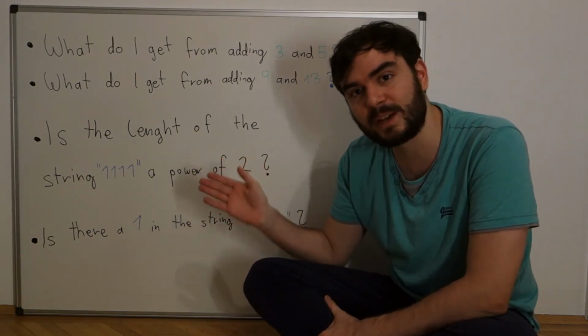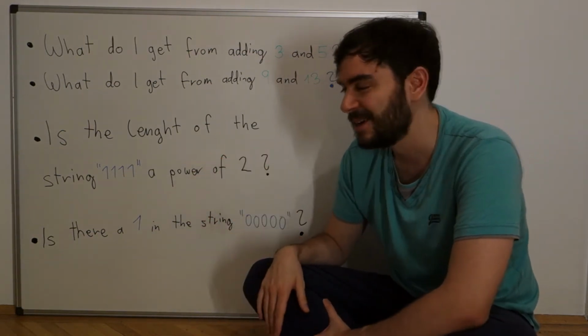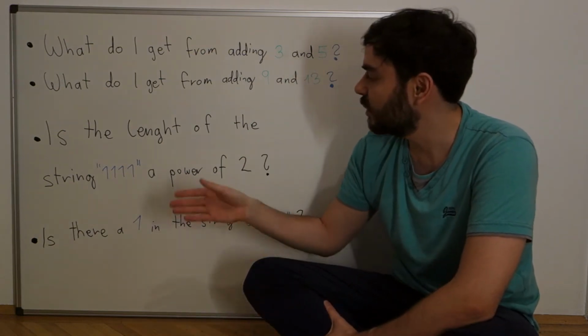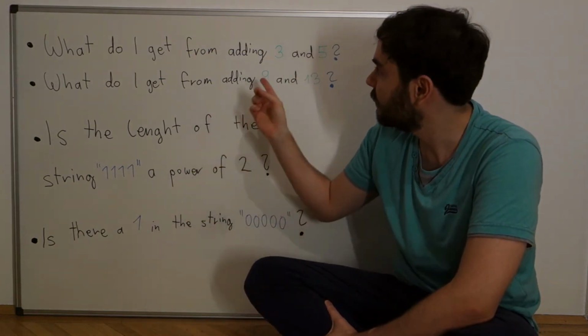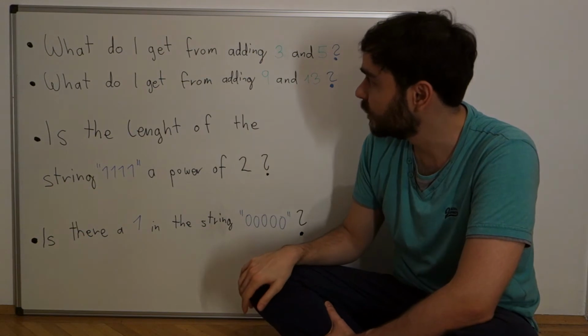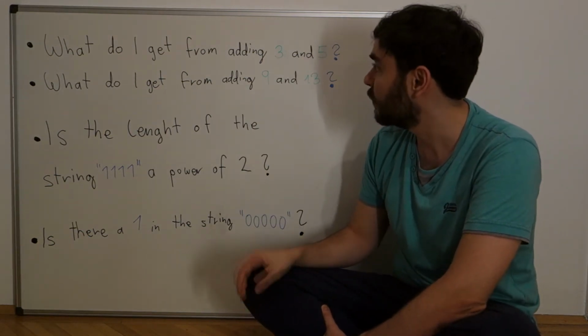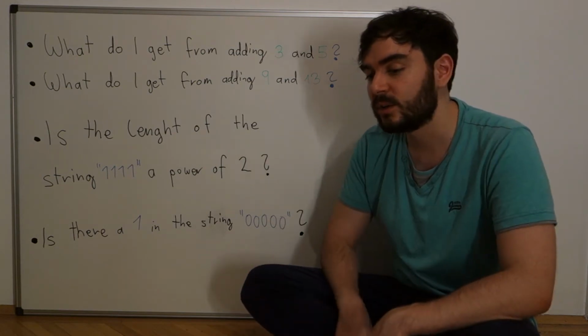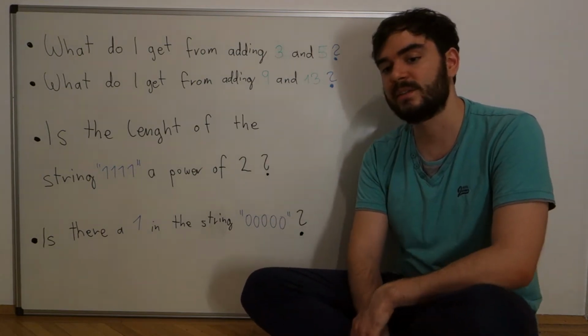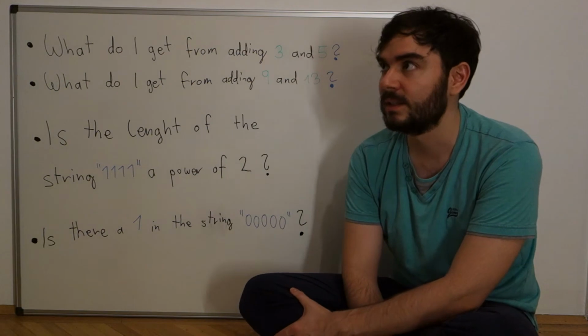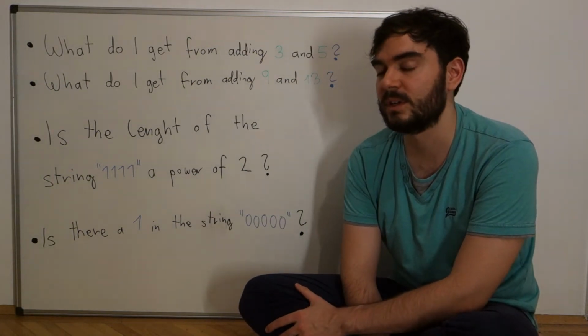And okay, so back to these simple questions. I'm not sure if you can read it, but that says, what do I get from adding 2 or 5 or 9 and 13, or 200,078,000 plus 3096.